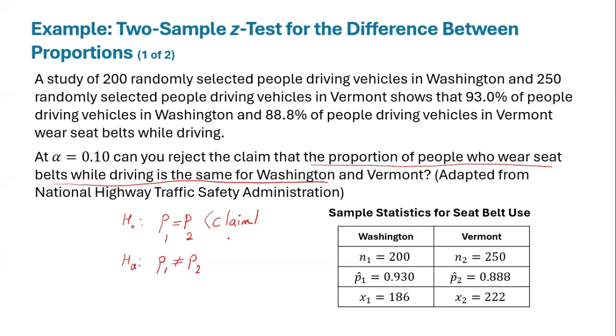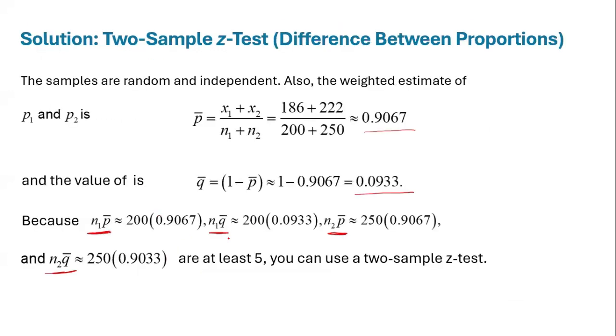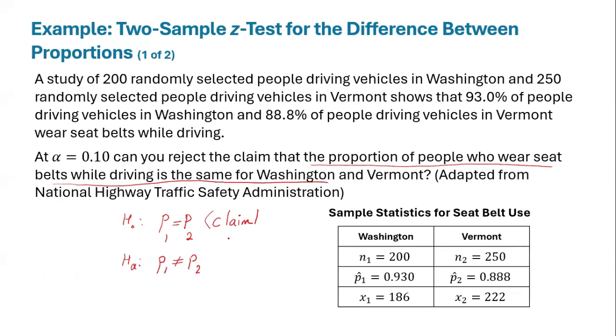Then we are going to follow the rejection region method. You can work with the p-value method, but I am going to do the rejection region method. If you are using the rejection region method, that means you need to find the critical values from the Z table and then find the test statistic and check if the test statistic falls in the rejection region.